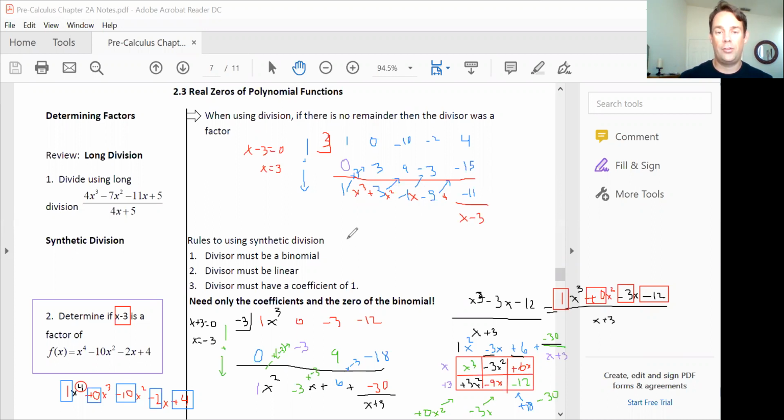In other words, when I divided, I got x cubed plus 3x squared minus x minus 5 plus a negative 11 over x minus 3.